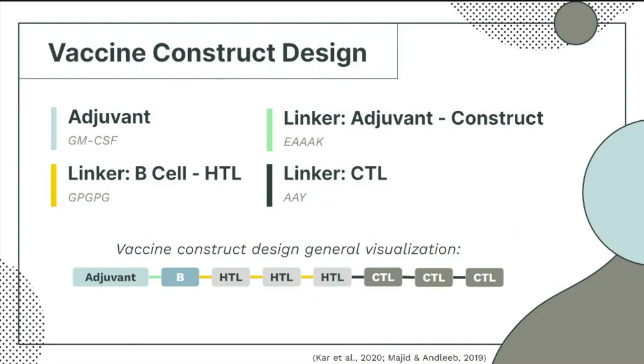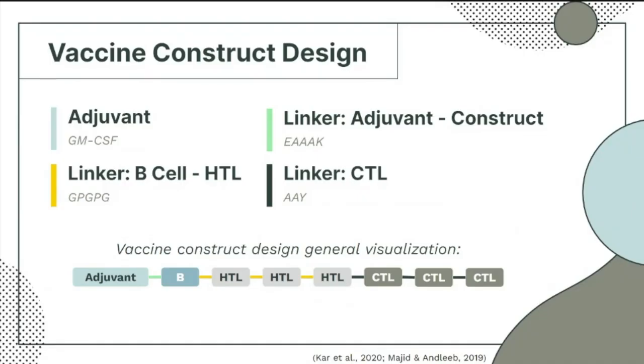So the adjuvant of this vaccine construct will be GM-CSF. It is found that GM-CSF is able to elicit or trigger the antibody-mediated and cell-mediated immunity. Aside from that, GM-CSF is also able to enhance the initial vaccine physicochemical properties.